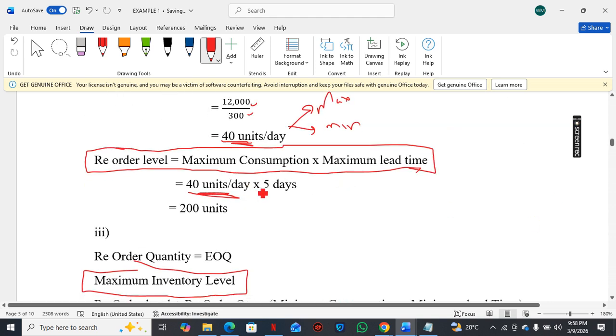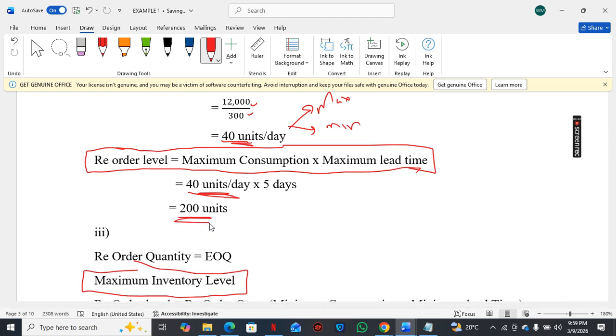So 40 times 5, 200 units. So what this is telling us is that when we reach 200 units, we need to make an order. Is that okay, colleagues? Any questions?